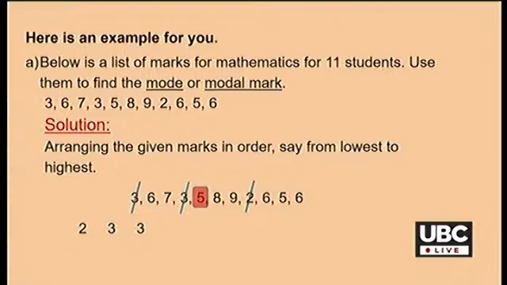The next number after a 3 is 5. How many times does 5 appear? It appears twice. So we are going to list 5 twice in our data. Let's go to the next number.